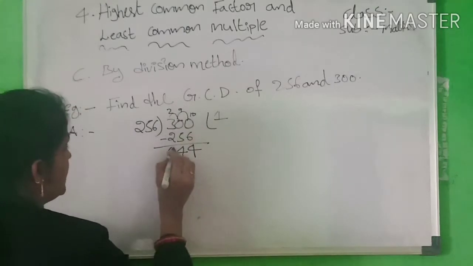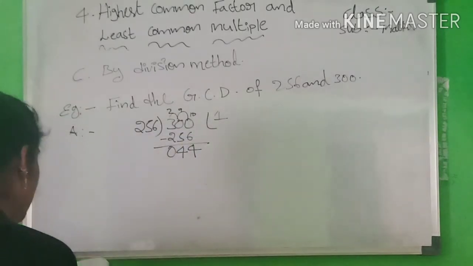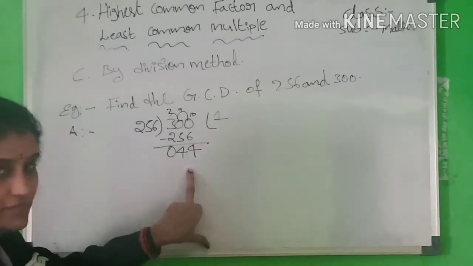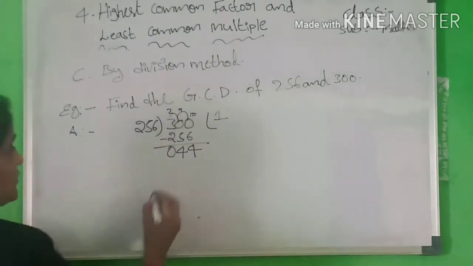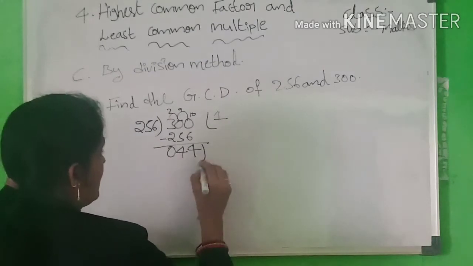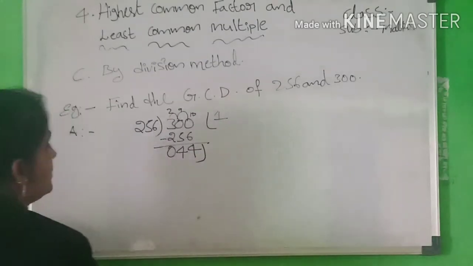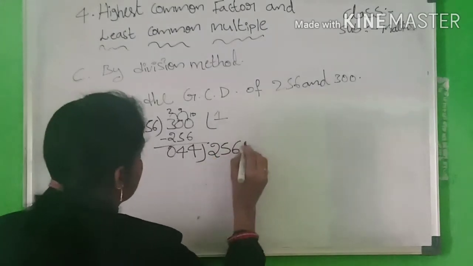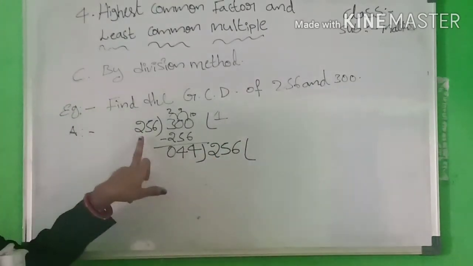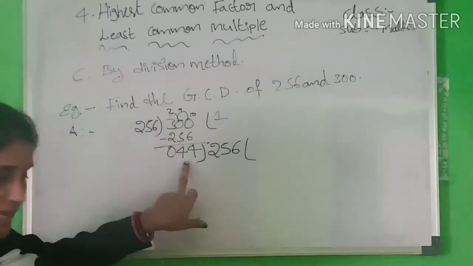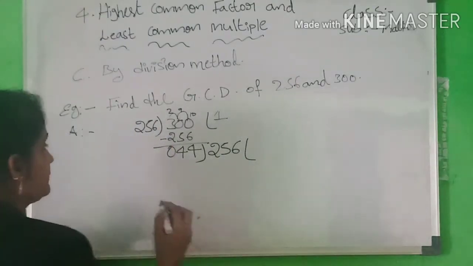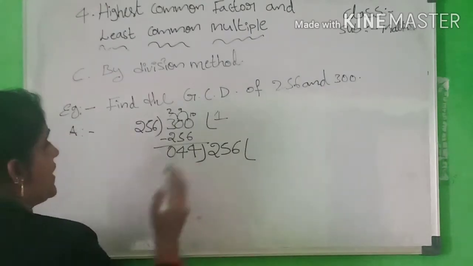Now here 0. What is the remainder here? 44. Now you have to divide 256 by 44. Now check the 44 table.